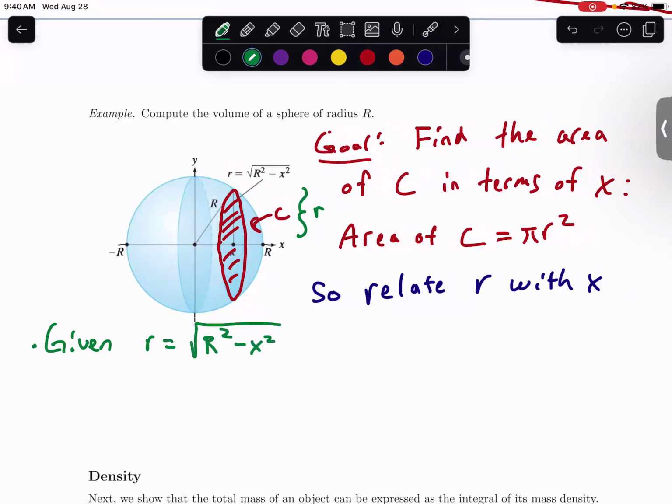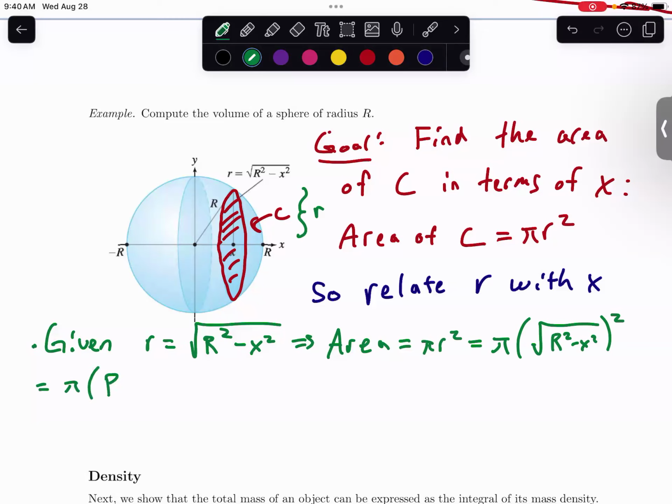And so what this implies is that the area, this is equal to pi r squared. This is really just equal to pi times the square of the square root of R squared minus x squared. And so this is just equal to pi times R squared minus x squared.